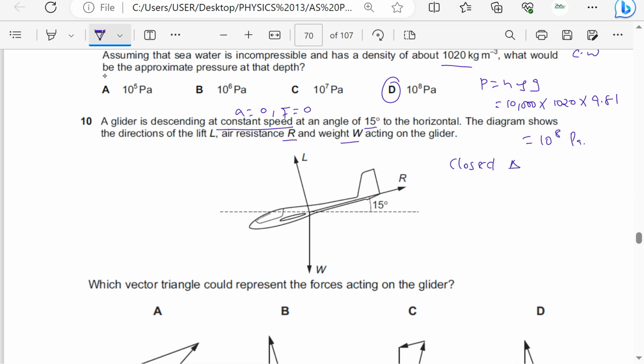So if I fix W, then I draw R without changing R's direction.